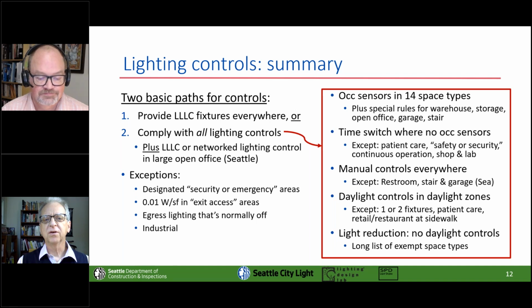You can do that for everything, or you could go through the rest of the lighting control section and put in the occupancy sensors in the various spaces and the time switches and the daylight controls and all that. I think Shaun will talk to us a bit about what the cost balance is these days between those two pathways.